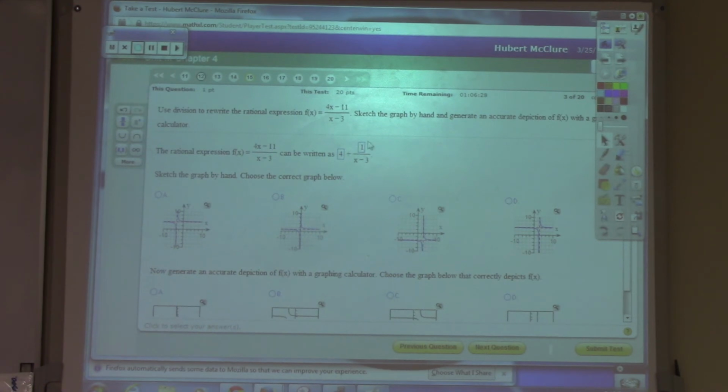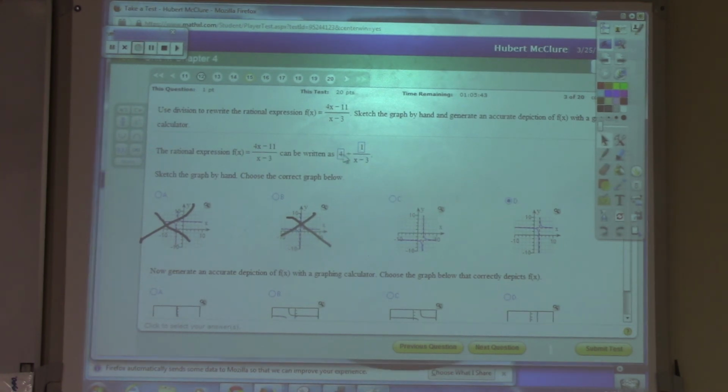This right here is 1 over x minus 3, so that means you got a vertical asymptote at where? At 3. That's right. So which one is 3? This one may be 3 because it's on the right side. But let's say this is 4x, so 4 is your horizontal asymptote, so that means y is equal to 4, so that means D is your answer.